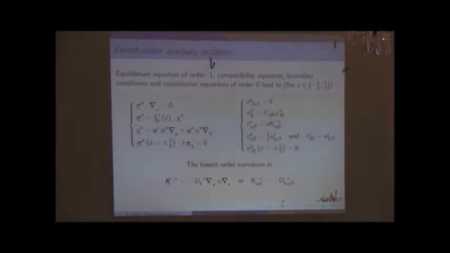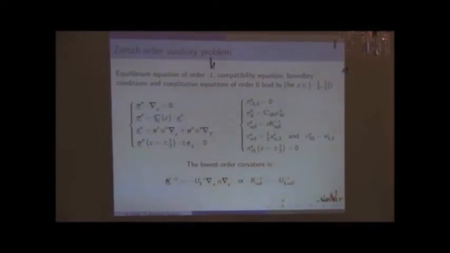This auxiliary problem is fully parameterized by this curvature tensor, which is only a function of the in-plane coordinates, so in this problem it's as if it were constant, thanks to variable separation. What is interesting is that the in-plane strain is just a linear distribution through the thickness of the plate.